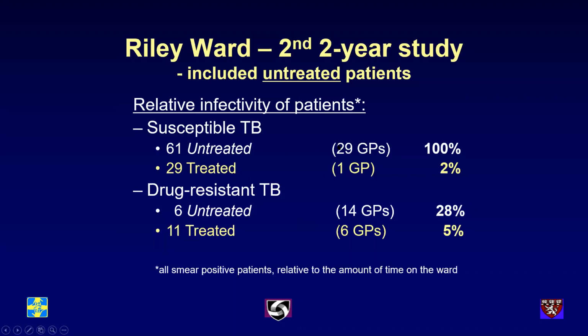And if that was 100%, that's how infectious patients untreated were. 29 patients who were treated infected only 1 guinea pig. They were 98% less infectious. And with drug-resistant TB, they seem to be less infectious for guinea pigs, and the treatment also reduced transmission. Now, these were all small smear-positive patients, and the results, this 100%, is relative to the amount of time they were on the ward.